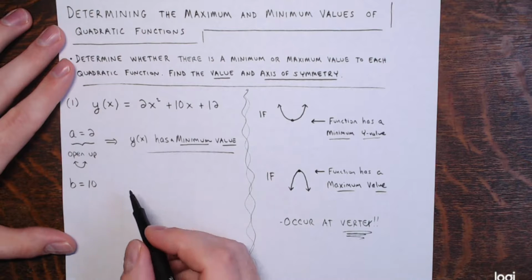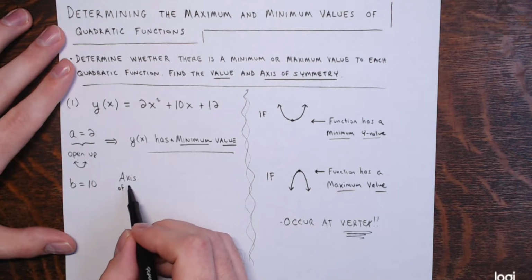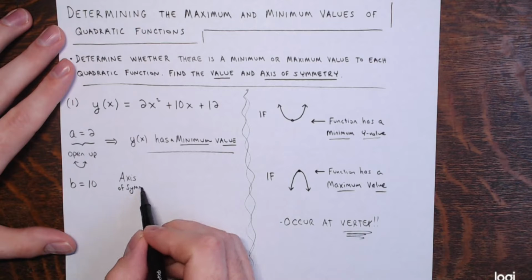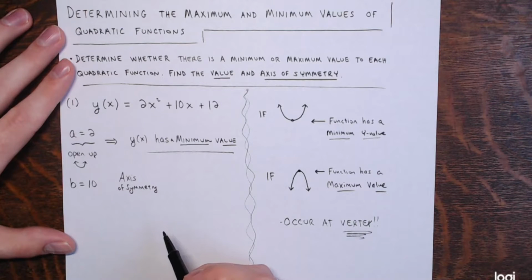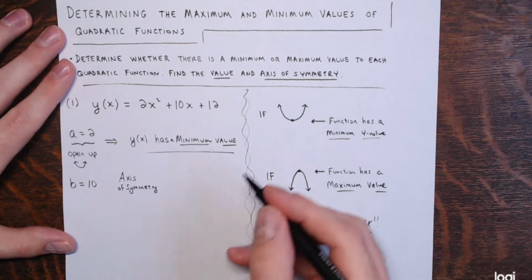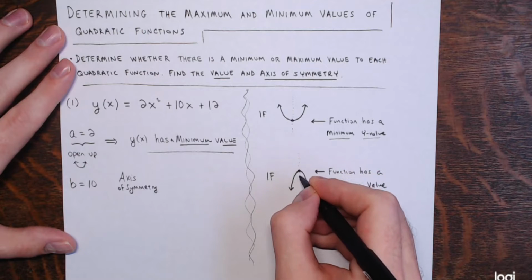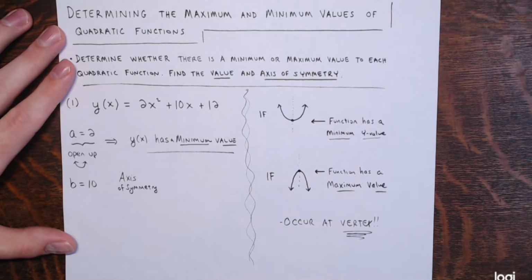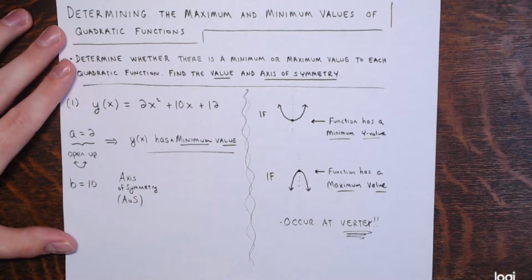Remember, the axis of symmetry is the line that the vertex is on, the line that cuts the parabola in half. It's a vertical line that goes through the vertex. I'm going to be abbreviating this for the rest of the video as AOS.